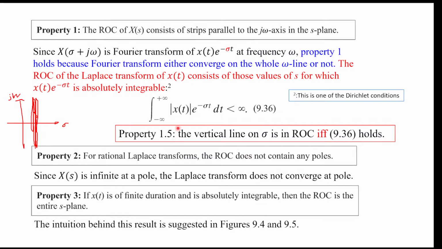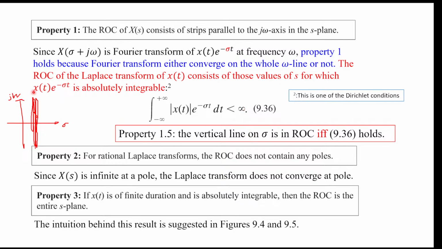Here we just hand wave through this and say that we ignore those x of t that might satisfy this but violate the other 2 Dirichlet conditions. We just look at the more, quote-unquote, reasonable x of t, and we think whenever this satisfies this absolutely integrable condition, then it has a convergent Fourier transform. That's how we derive property 1.5.